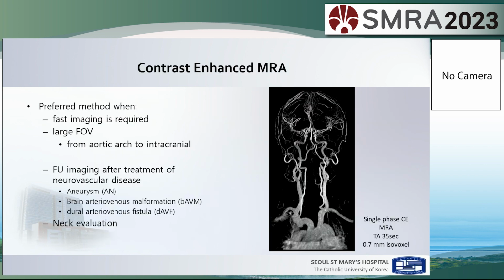On the contrary, contrast enhanced MRA and angiography, mostly used for faster or wide FOV acquisition, has less frequent artifacts compared to TOF MRA and angiography. I will talk about that later. As a clinical utilization, we do it mostly as follow-up imaging after treatment of neurovascular disease, and also for evaluation of the neck.